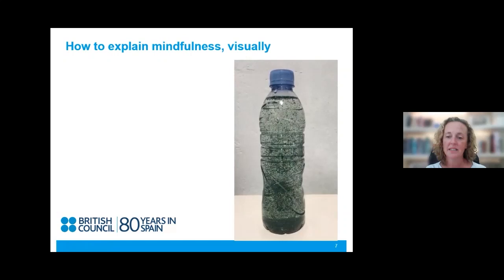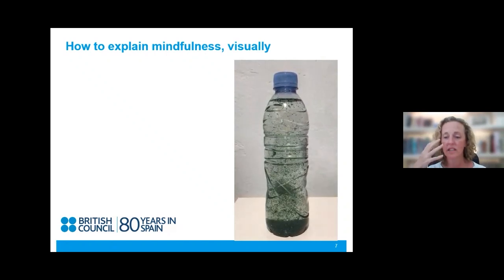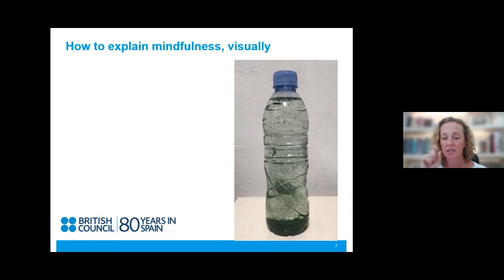And the idea to explain this to you, and you can use this to explain this to your students as well, is that the glitter represents all of the distracting thoughts. Maybe you're thinking about what you've just had for lunch, what you need to go and buy in the supermarket for dinner, a phone call you need to make.